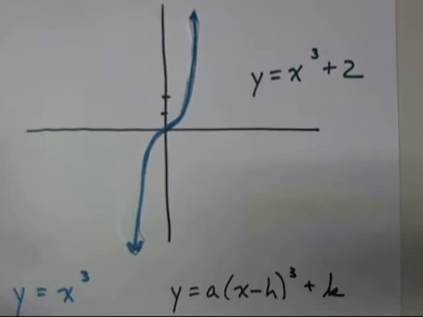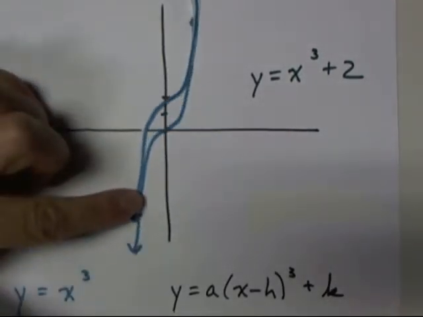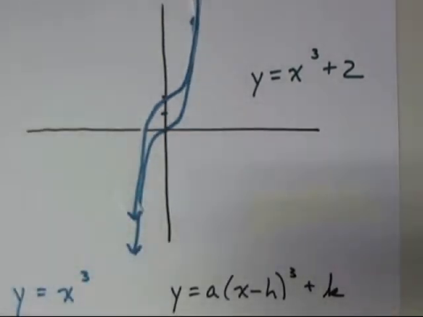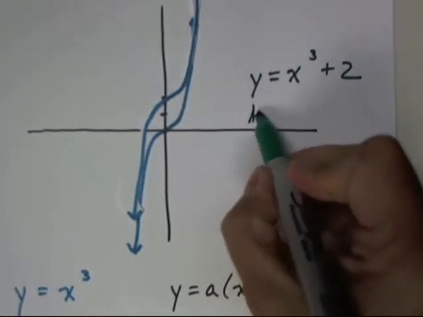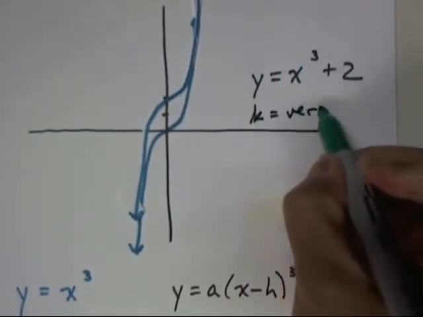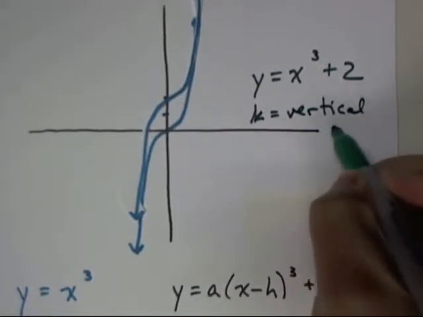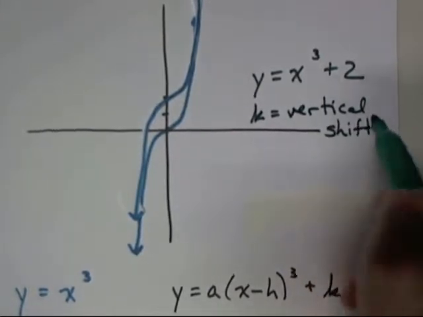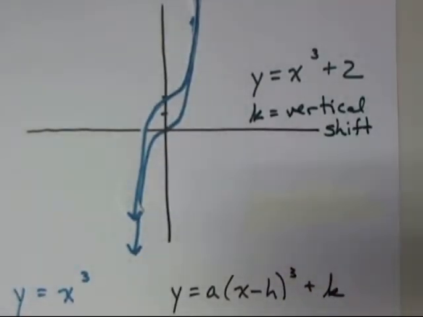So the entire graph ends up shifting upwards 2 units. So that plus k at the end has a vertical shift to it, or it shifts along the y-axis.